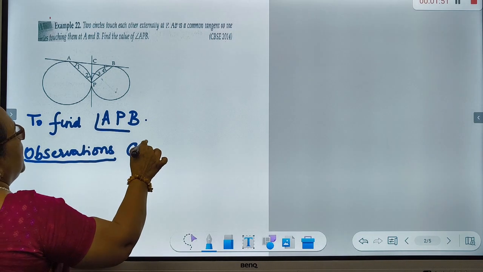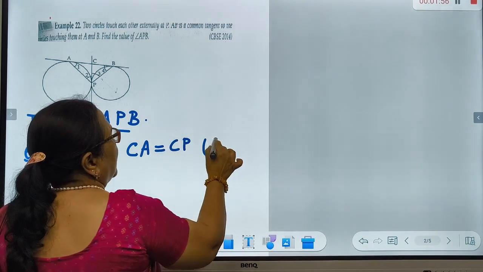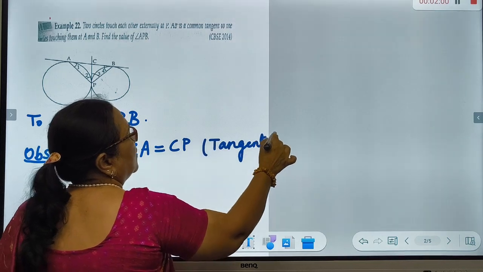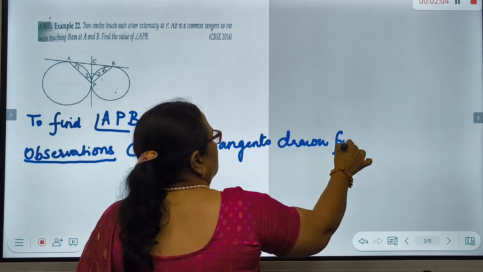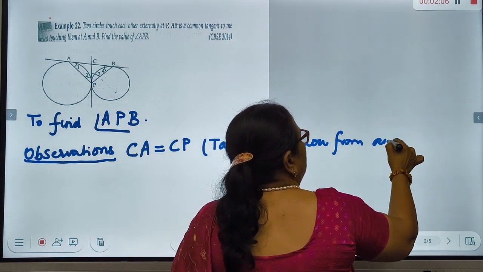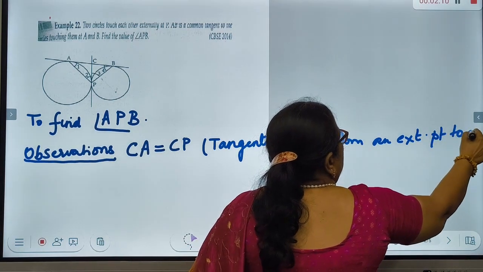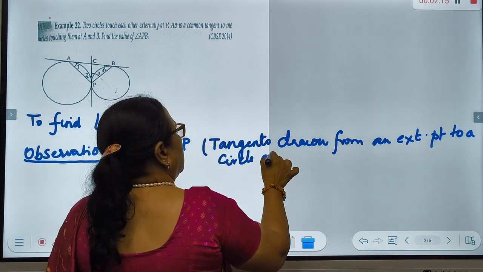CA equal to CP. Why? Tangents drawn from an external point to a circle are equal.